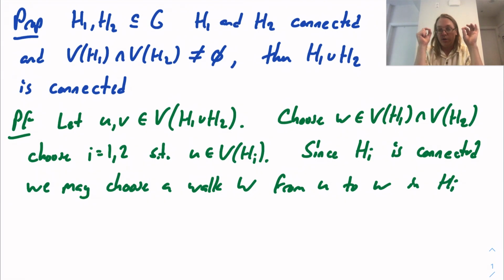And now U is a vertex in HI and W is a vertex in HI as well, since W is in both H1 and H2. So HI is a connected subgraph. It's got a vertex U, it's got a vertex W, and that means there's a walk existing within HI from U to W. So we have a walk, capital W, that goes from U to W in HI.